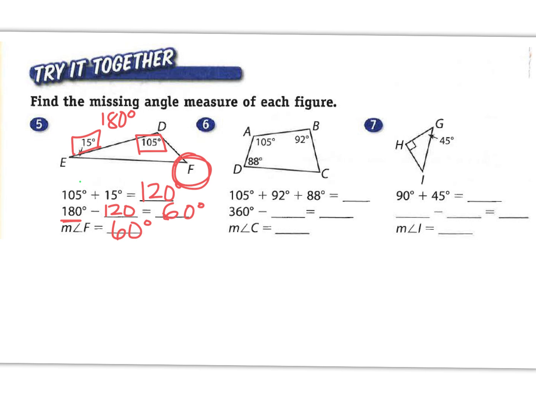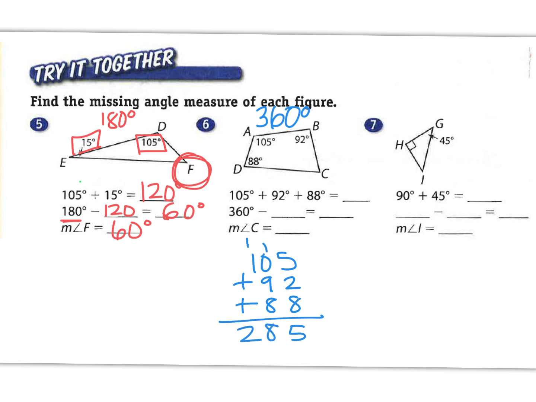All right, number 6, we have a quadrilateral. Quadrilaterals equal 360 degrees. So then if we add up the three angles that we know, 105 plus 92 plus 88, we get 285 degrees.